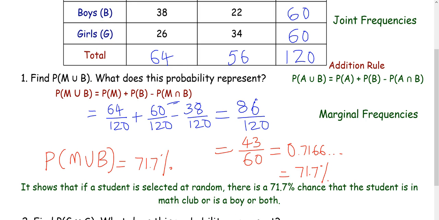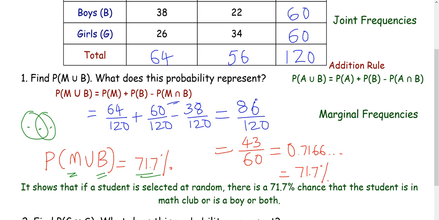That is, either only math, or only a male student, or he belongs to both categories, that is, he is in the math club as well as he is a boy.